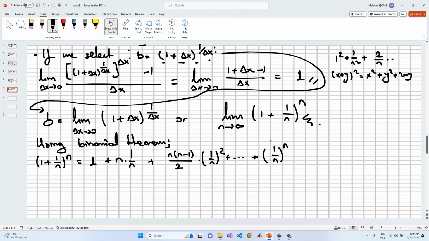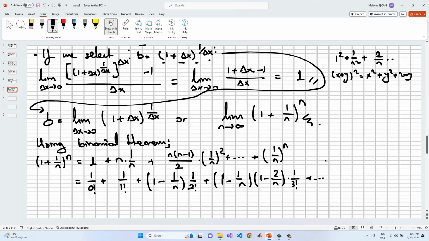Using this notation with the factorial form, we get 1 minus 1 over n, 1 minus 2 over n, over 3 factorial, and so on.